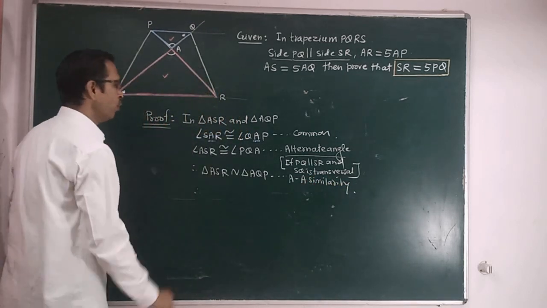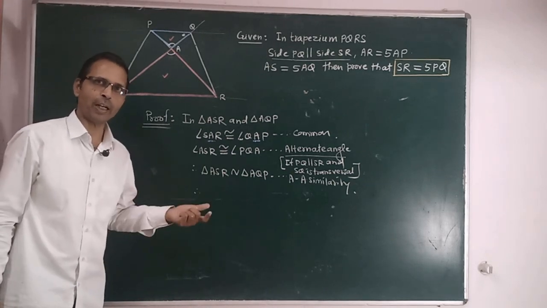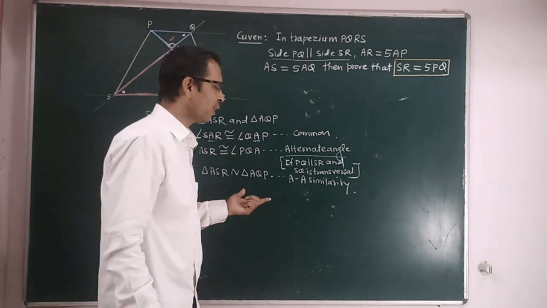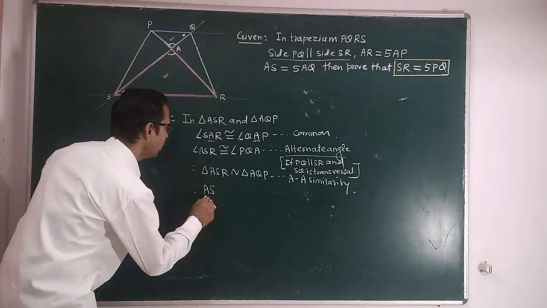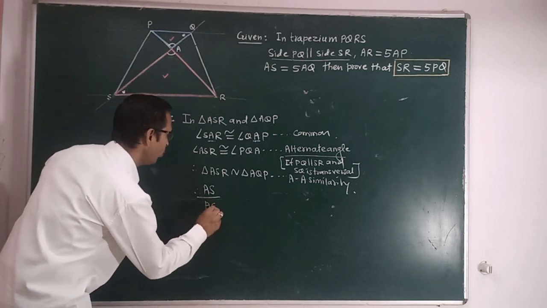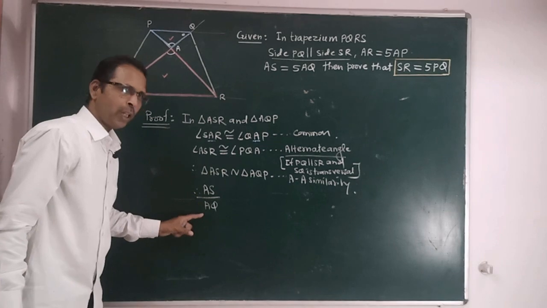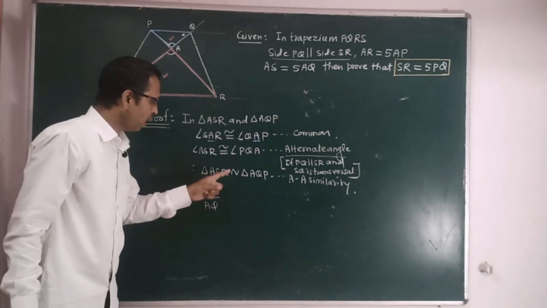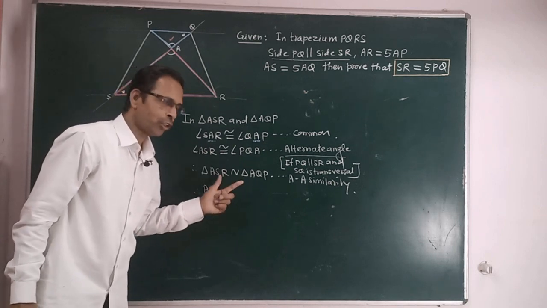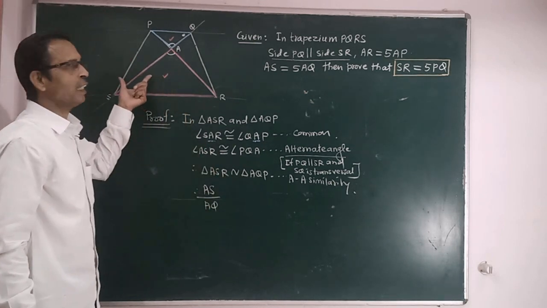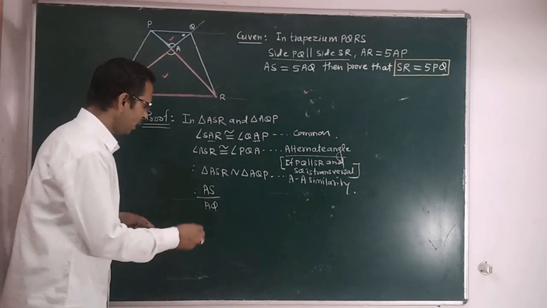And that's why we write the corresponding sides of the similar triangles. We know that corresponding sides of similar triangles are in proportion, and that's why we write the proportion as AS upon AQ. We already told you that when we write the names of the triangles with one-to-one correspondence, it is not necessary to look at the figures. Directly we write the proportion of the sides.